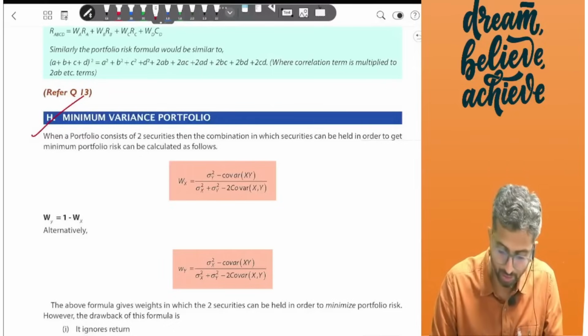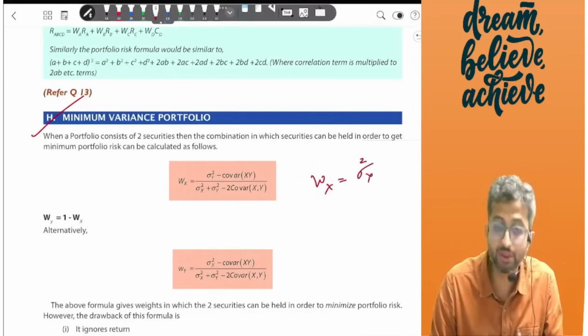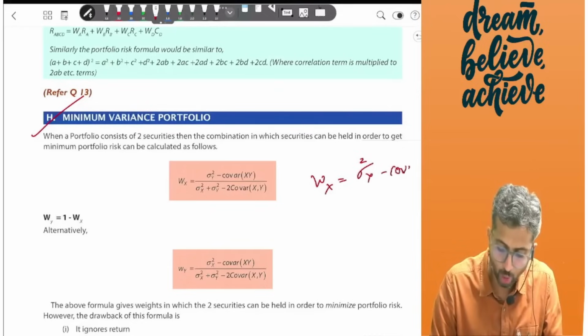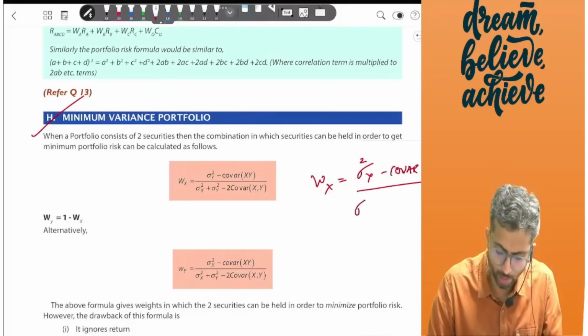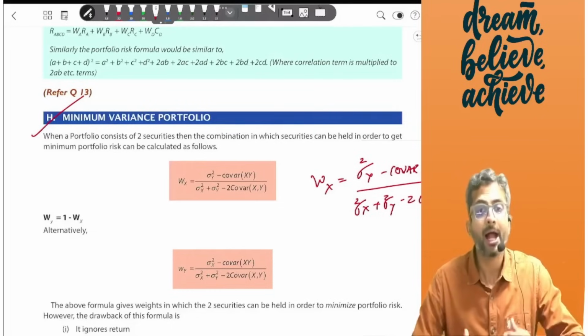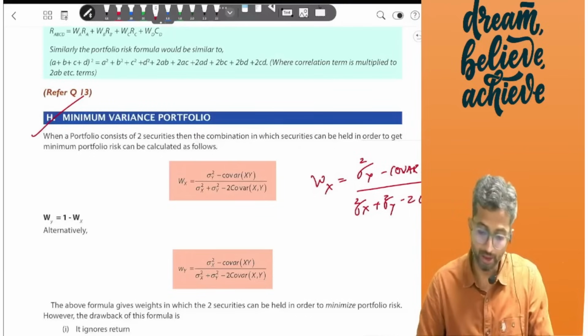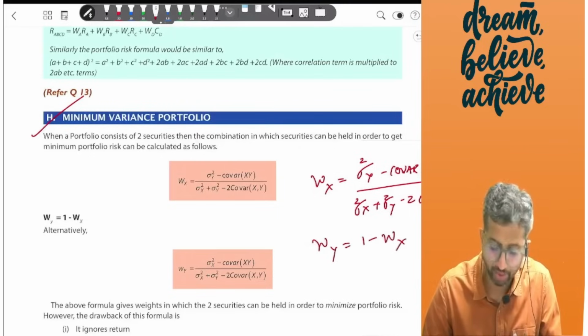Well, for finding the weight of x, you will start with the variance of y, the other security, subtract the covariance of xy, and in the denominator put variance of x plus variance of y minus 2 times the covariance of xy. So essentially you are looking at the individual risk of x and y and trying to find the proportionate element. Obviously, once you find the weight of x, the weight of y is easy: 1 minus the weight of x.